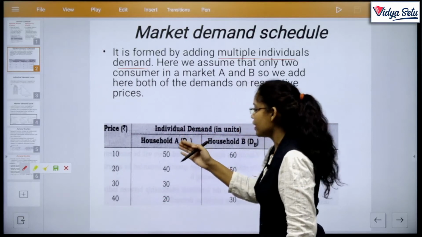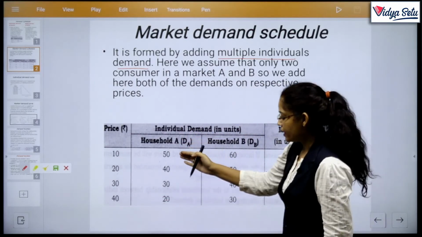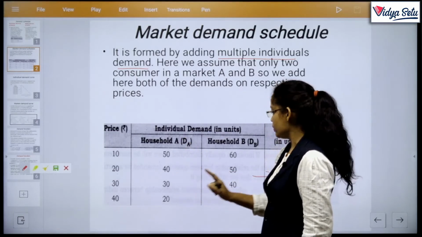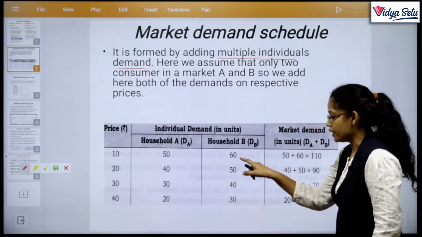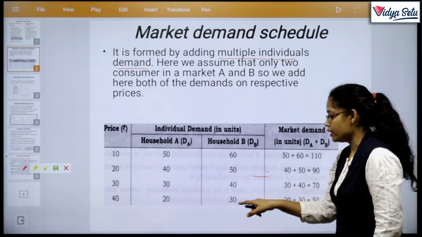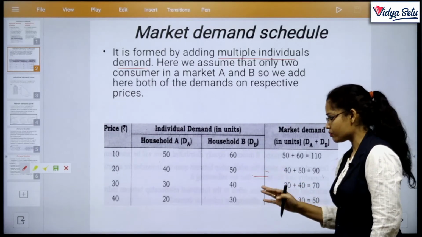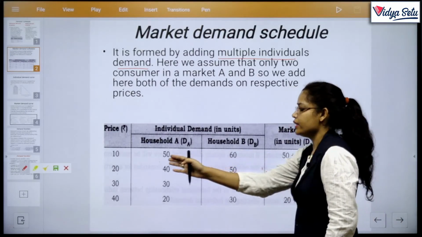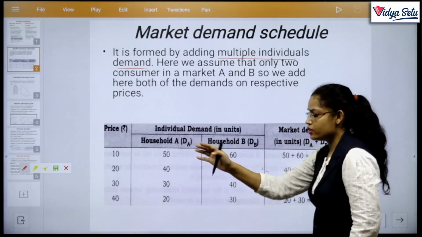The respective demand of household A is 50, 40, 30, 20 and for B it is 60, 50, 40, 30. Maybe the family of B is large, so he needs 60 units at the price of 10.